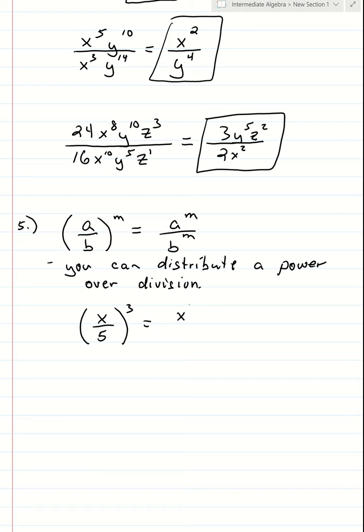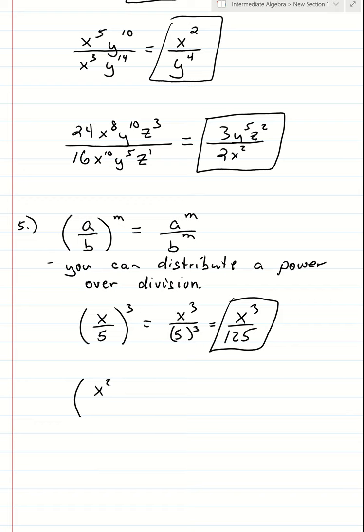So we would have x to the third over 5 to the third. Well, we can't do anything with the x to the third. However, 5 to the third power, 5 times 5 times 5, 125. That would be your simplified expression.